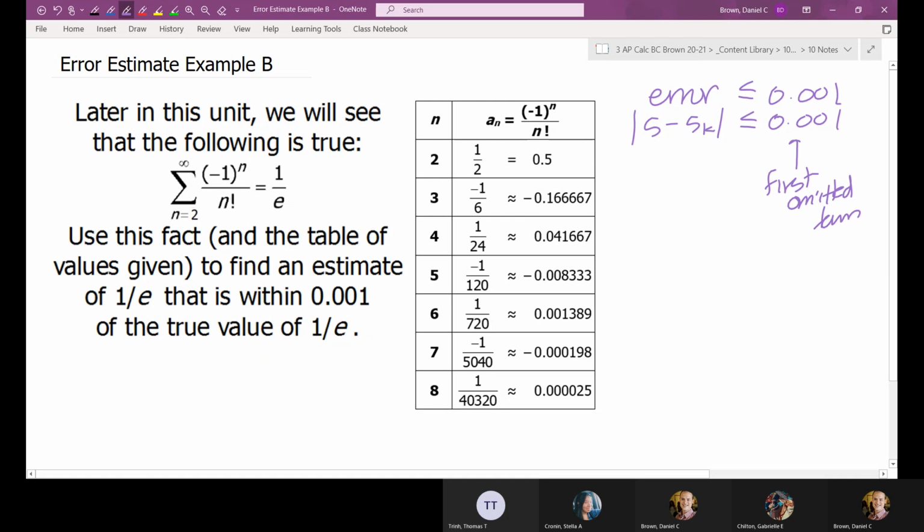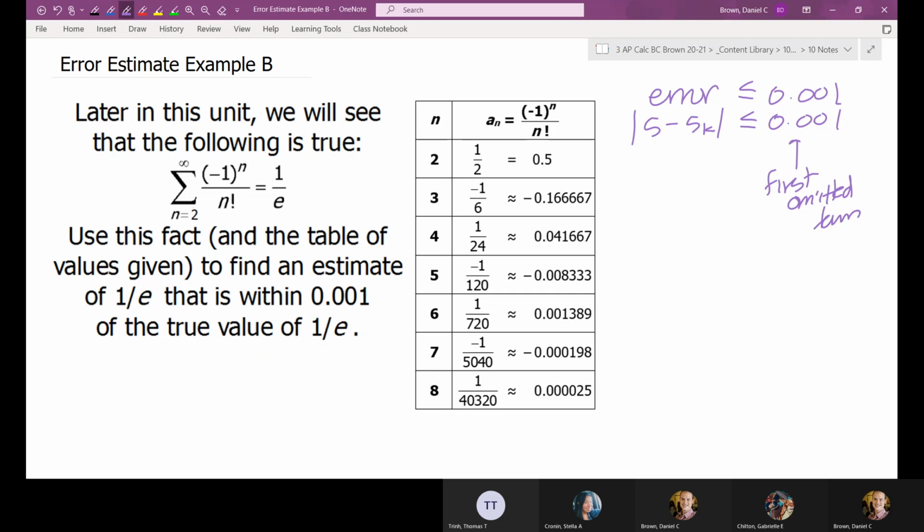So if we want to be exact enough, what's the least number of terms I'm going to have to add together? I'm looking for the first term that's going to be less than 0.001. Looking at term 6, that's bigger than 0.001, because it's 0.0013. So that one's bigger than it.